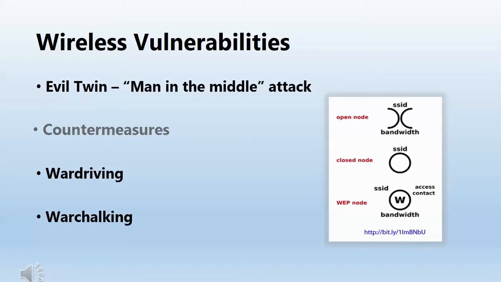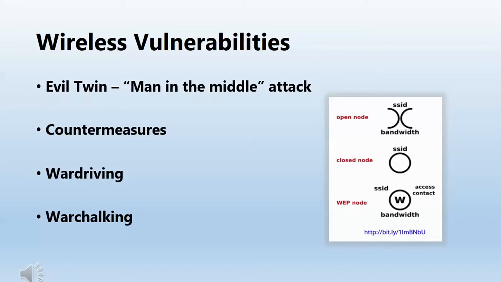There are countermeasures to protect against this, and that's intrusion detection systems and intrusion prevention systems, or IDS and IPS. Also, using extensible authentication protocol, or EAP, to connect to the Wi-Fi is another way to counteract this threat. And that's basically just requiring a username and password to connect to the network.